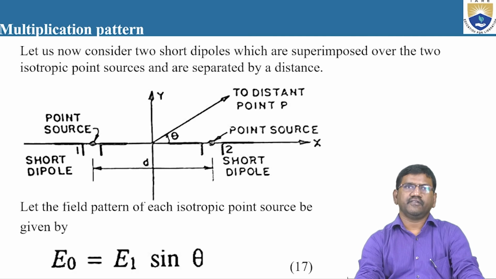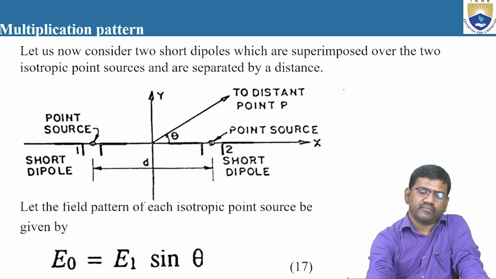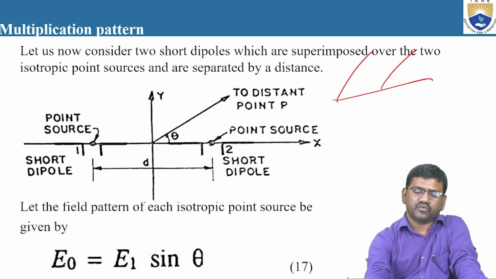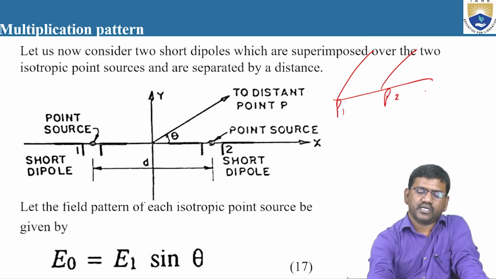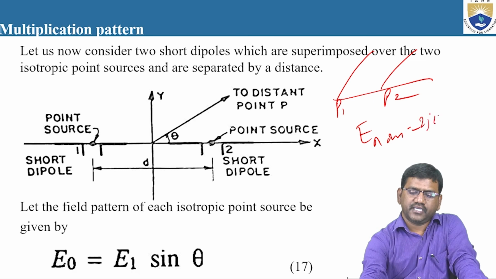In the previous case, to draw the radiation pattern, we discussed three cases. Based upon the trigonometric formula and some mathematical analysis, we derived the expression of total field strength produced by the two point sources P1 and P2, that is E norm is equal to 2j E naught sine of psi by 2 cos theta.